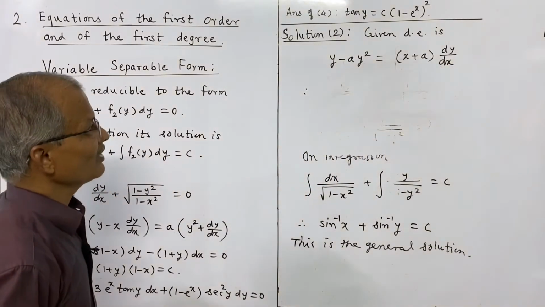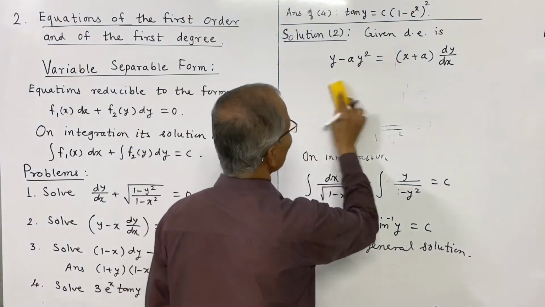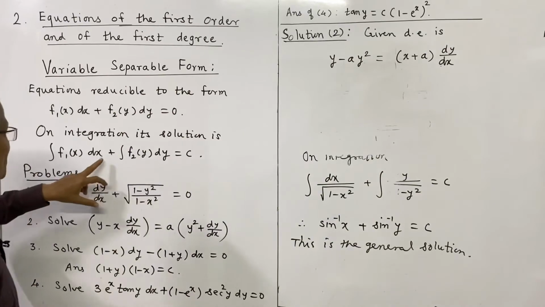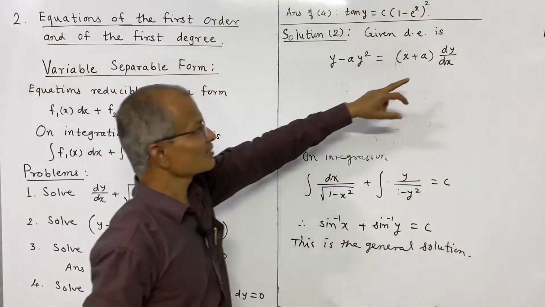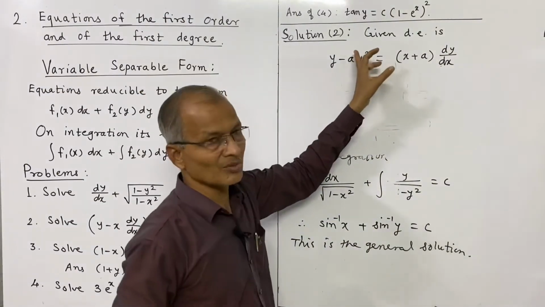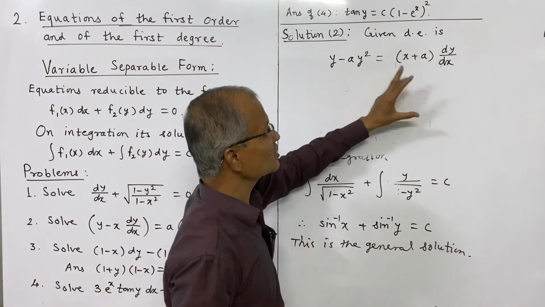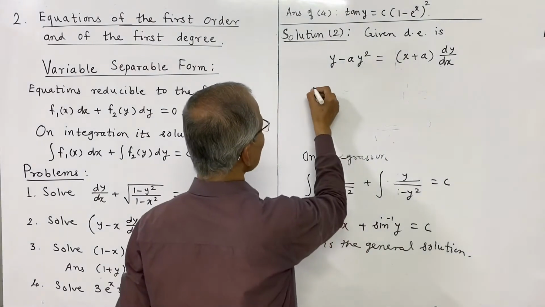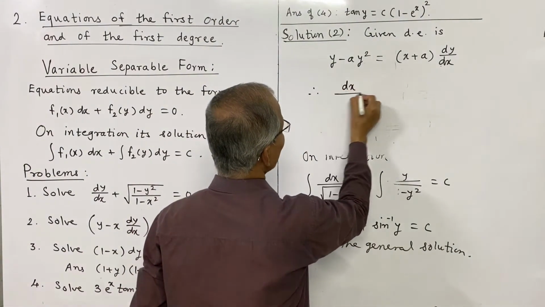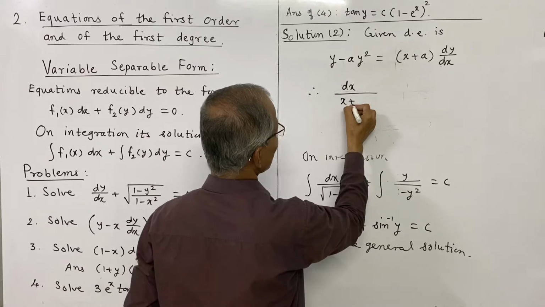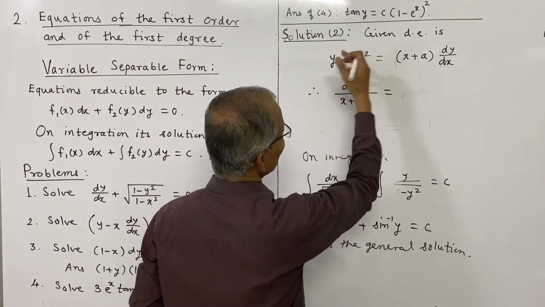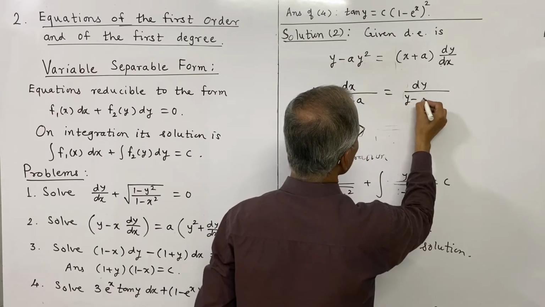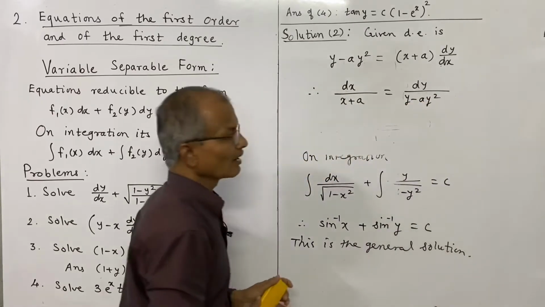And now we want to write the separate variable form. For that purpose, these differentials should be at the numerator. So dx we have to shift on this side, it becomes numerator, and where dx is there, the term of x should be shifted. So this implies dx divided by x plus a, and we shift this term on that side, that will be dy divided by y minus a into y square.